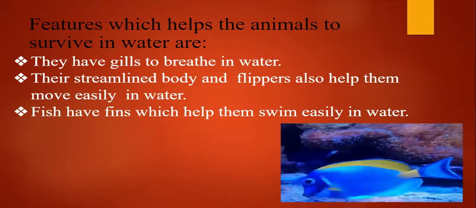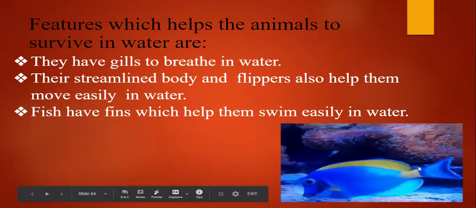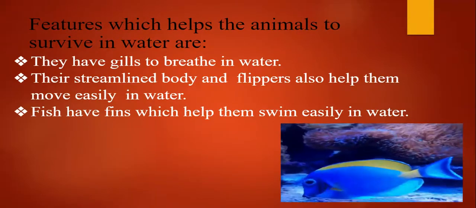Fish have fins which help them swim easily in water. As you can see the fins of this fish in the picture, by which it can easily swim in water. Okay, children, these were the features of aquatic animals.